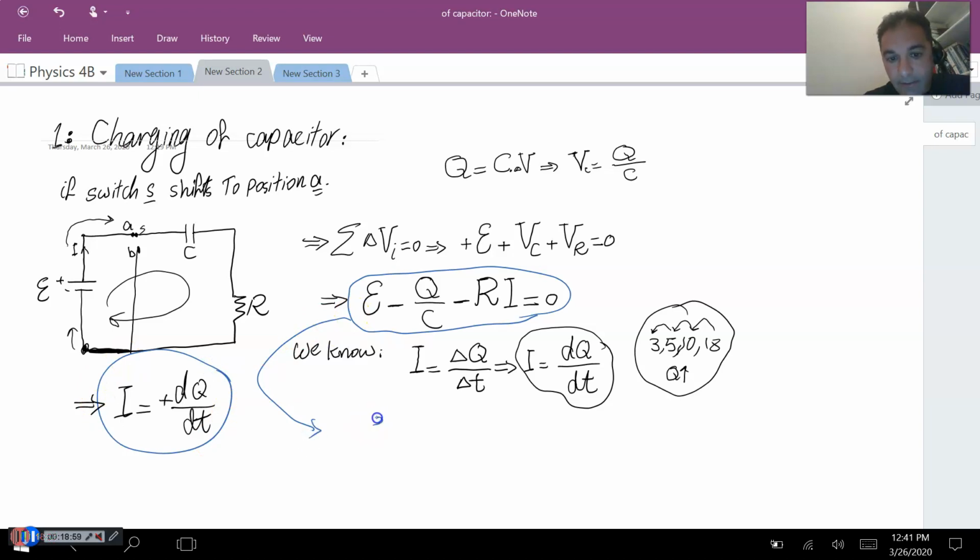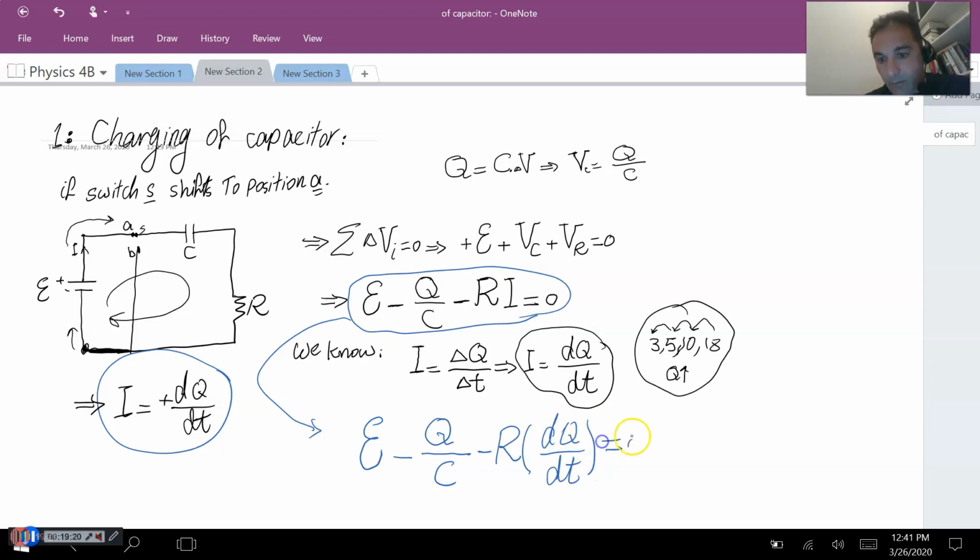I can write E minus Q over C minus R, and instead of I, I can write dq over dt, equals 0.